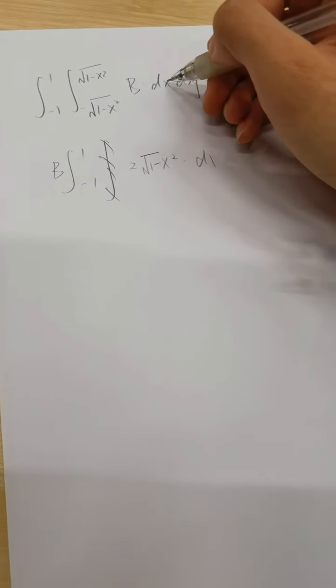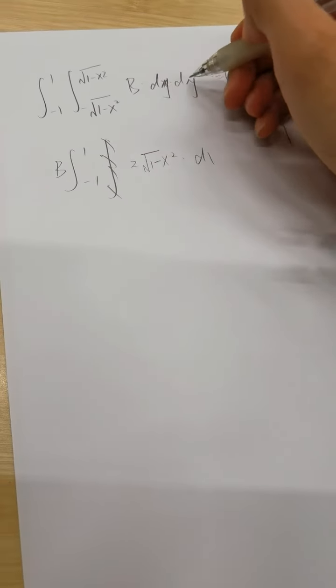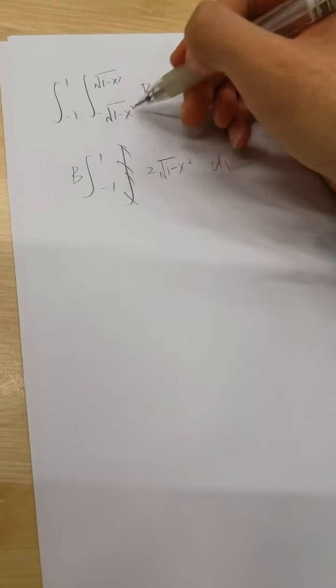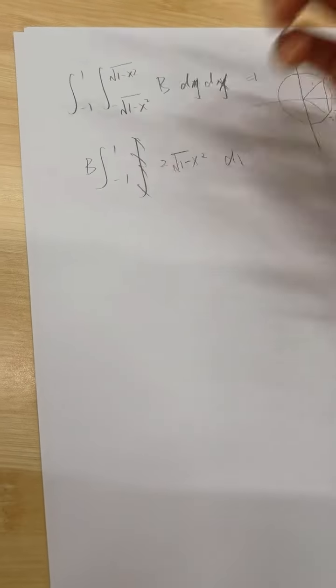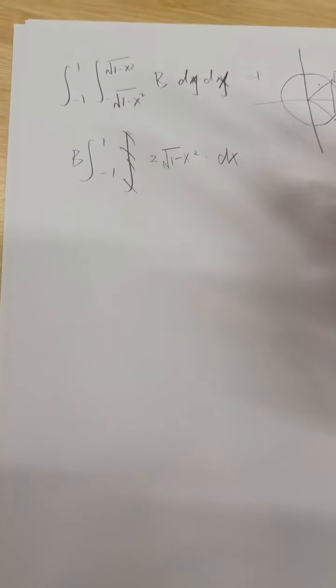Sorry, this part is y because it is for the value of y and this is for the value of x. Because the bounds are symmetric, it's just this one minus this one.